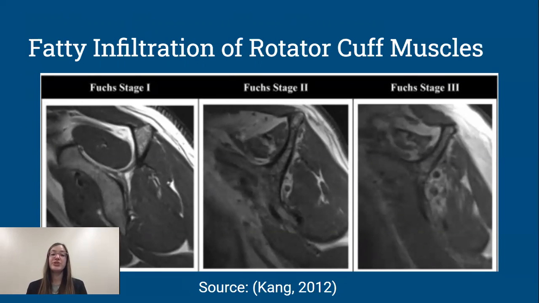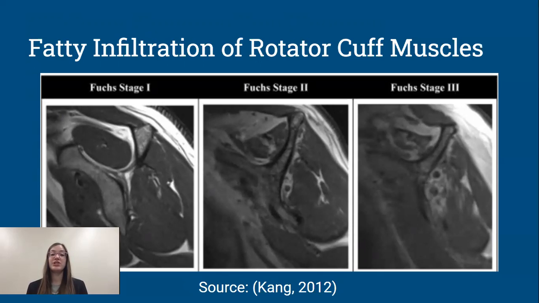Fuchs stage 1, which is shown in the leftmost image, represents minimal or no fat deposited, whereas in stage 2, which is the middle image, that is where we have a moderate amount of fatty streaks within the muscle.